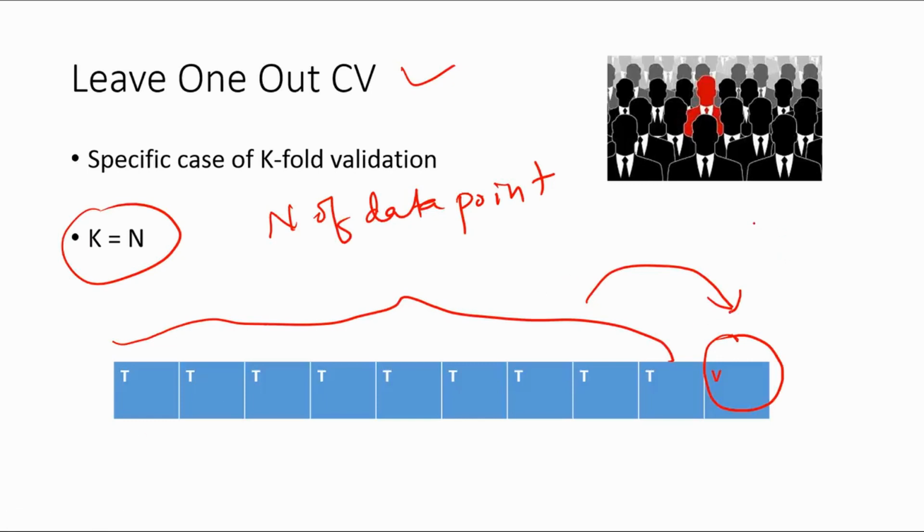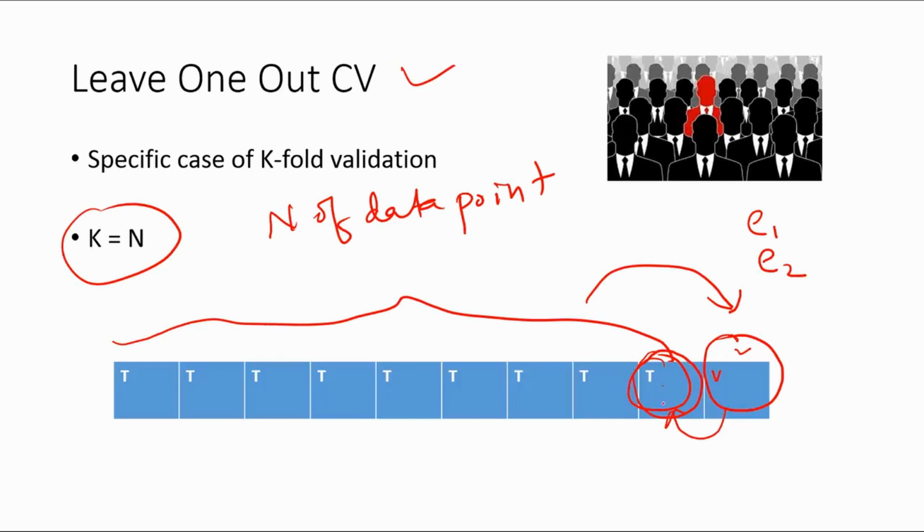So you will get error 1. Now you change the data point. You just take this one, and you will get error 2. So when you take this one, you will build the model on the entire data including the last one, and test your model on this particular data point.